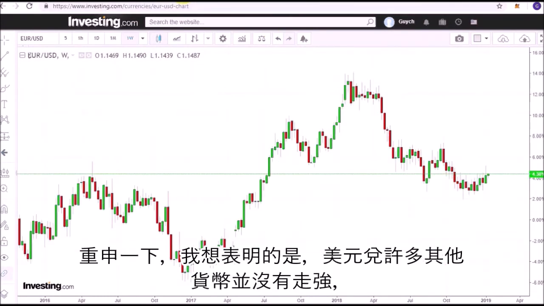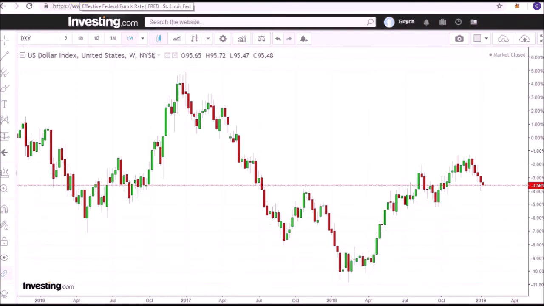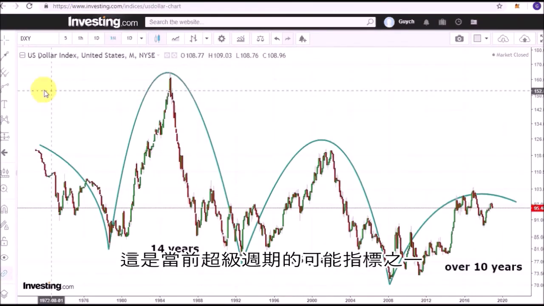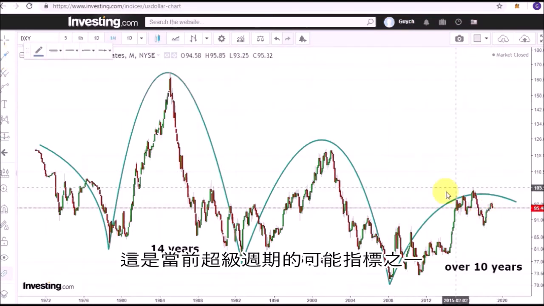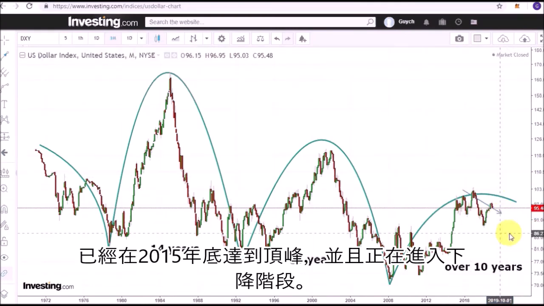One of the things, again, to repeat, that I'm trying to say is that the US dollar is not strengthening against, let's say, the Euro or many other currencies, although the Fed is increasing the Fed funds rate. And that, I think, is one of the possible indicators that the current, again, let's call it a super cycle, has already topped at the end of 2015, and it's entering the declining phase.